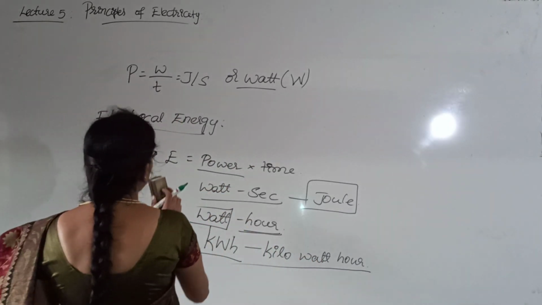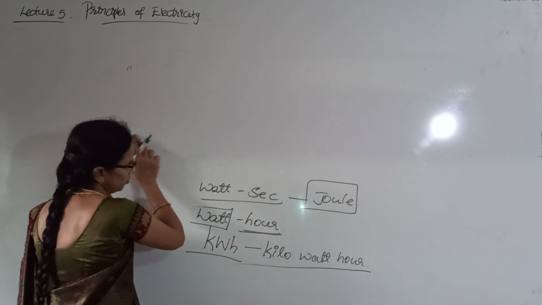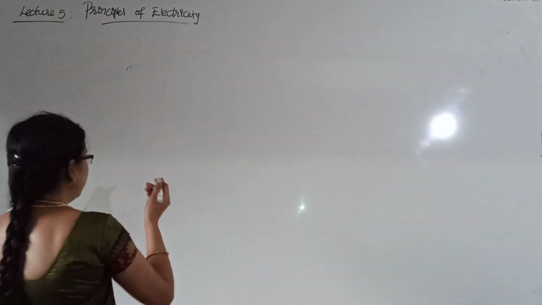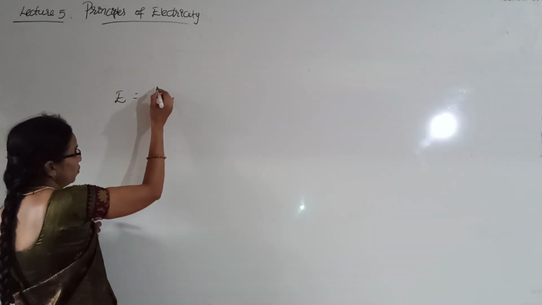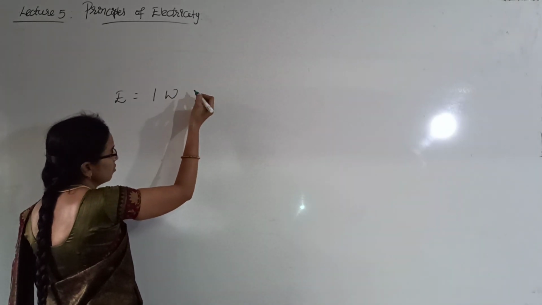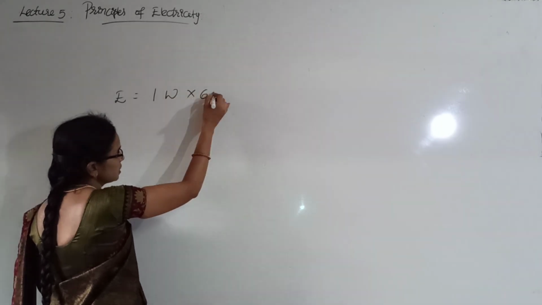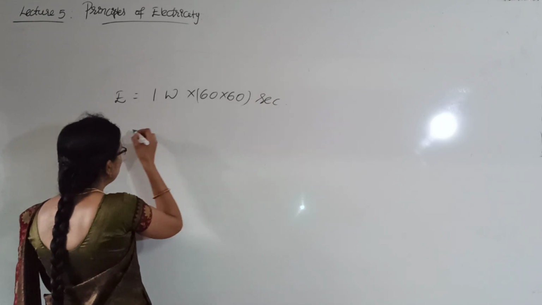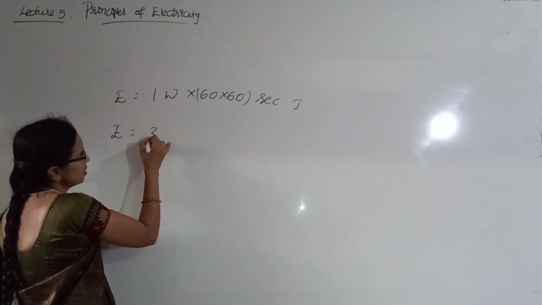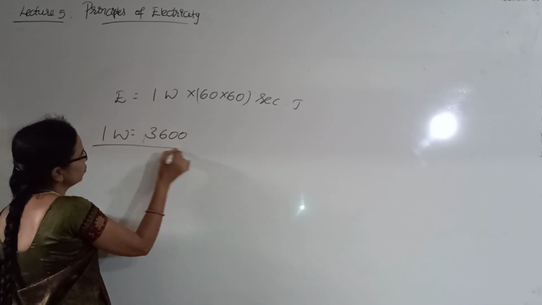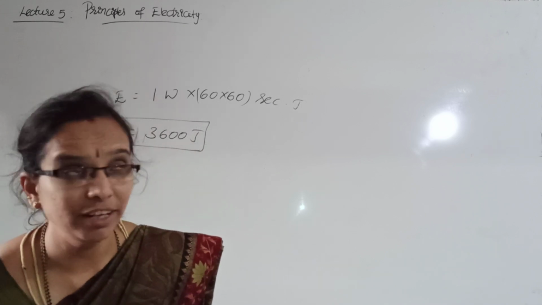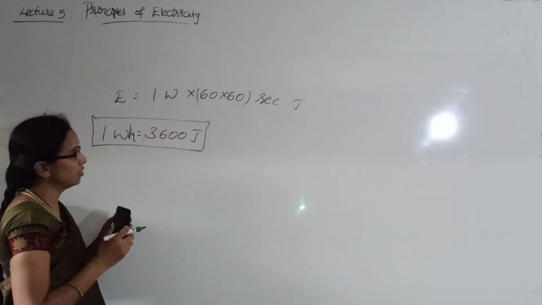Okay, and how to calculate this? If 1 watt of power is used for 1 hour, then in terms of joules, that is equal to 60 into 60 for 1 hour, meaning seconds. So 1 watt hour is equal to 3600 joules.